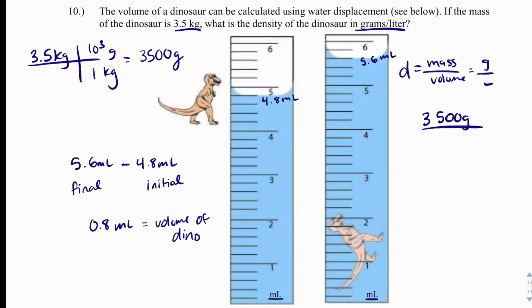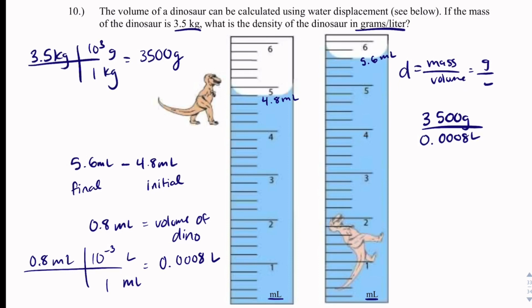But they asked for liters, so we'll take 0.8 milliliters and go from milliliters to liters. 1 milliliter is 10 to the minus third liters, so 0.8 times 10 to the negative 3, we get 0.0008 liters. We'll plug that in over here.